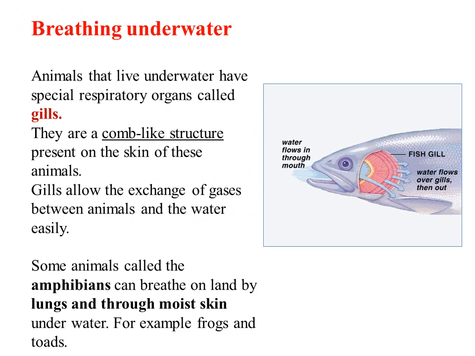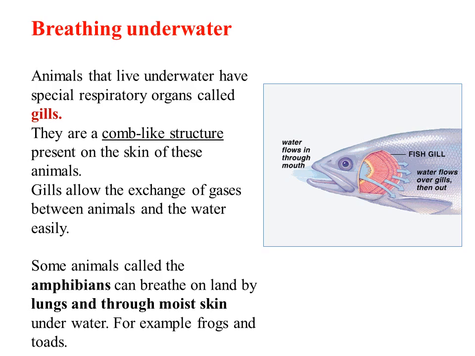Now, breathing underwater. What is that? Underwater organisms like fishes, animals that live underwater, have special respiratory organs called gills, which are complex structures present on the skin of these animals. Gills allow the exchange of gases between animals and the water easily.